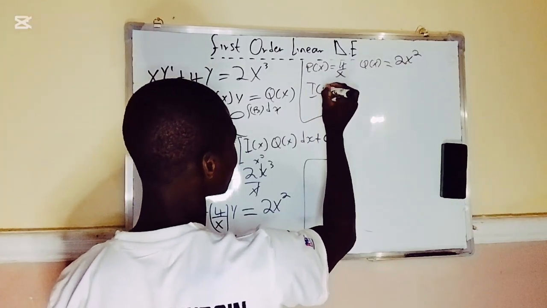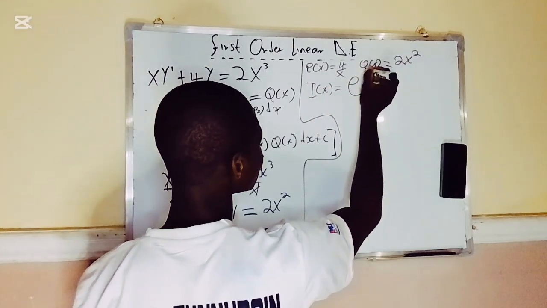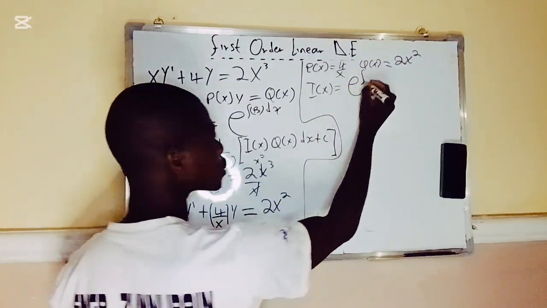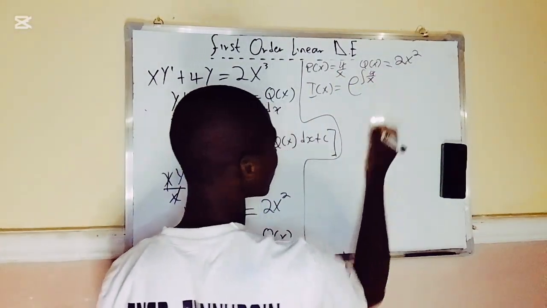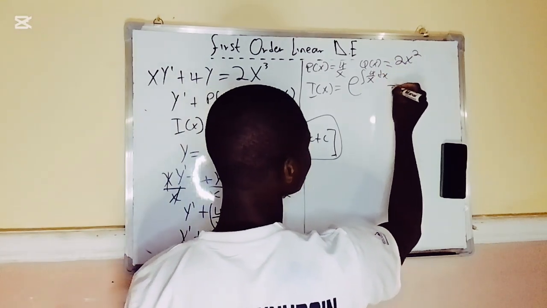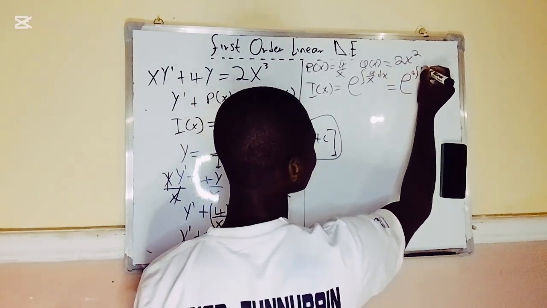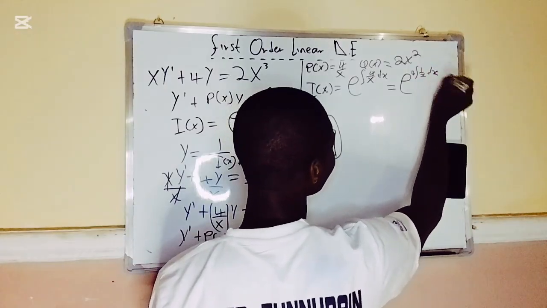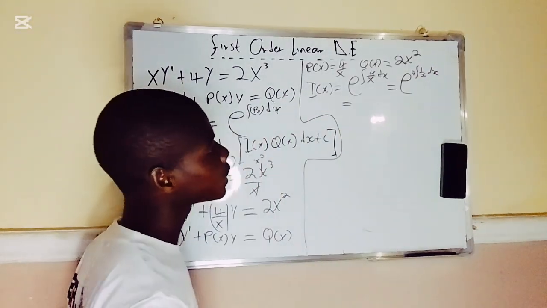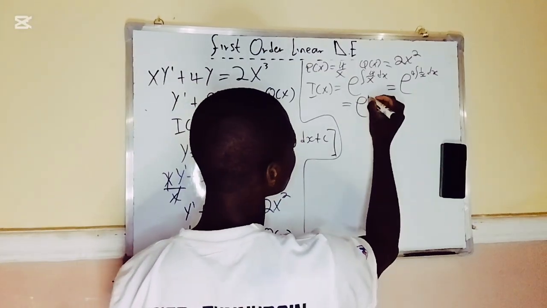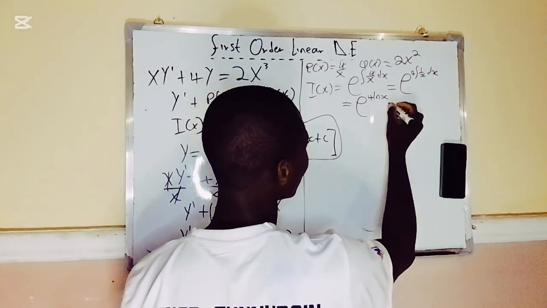Next, the integrating factor I of x is e to the integral of p of x, which is 4 over x dx. That is 4 times the integral of 1 over x dx, so it equals e raised to the power of 4 ln x.